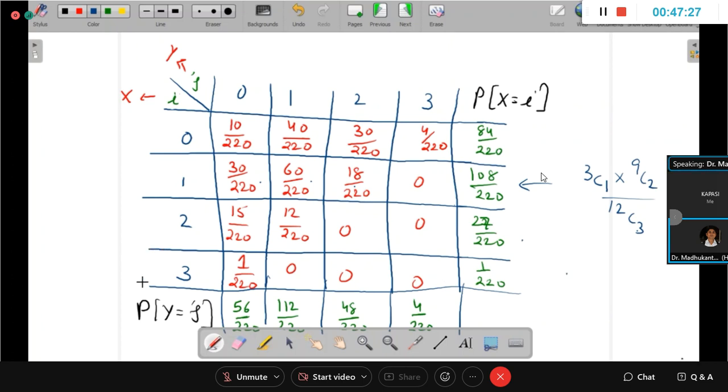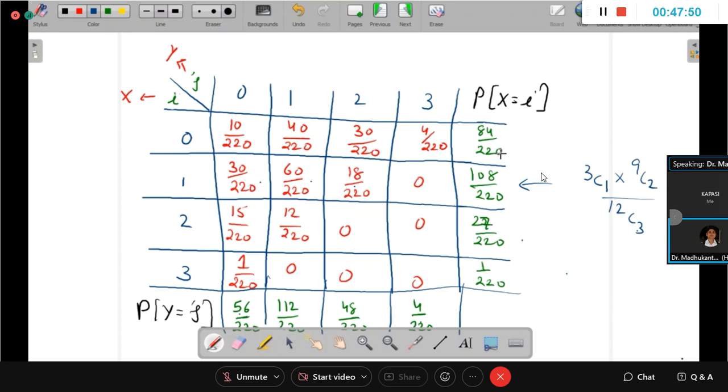In a similar manner, if you got this matrix here, you can also find out from this table by summing the first column elements, that will lead to the probability of y equals to 0, then the next y equals to 1, y equals to 2.